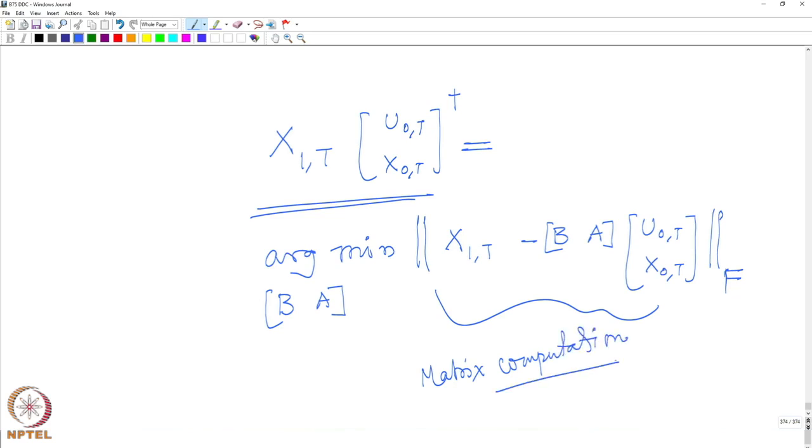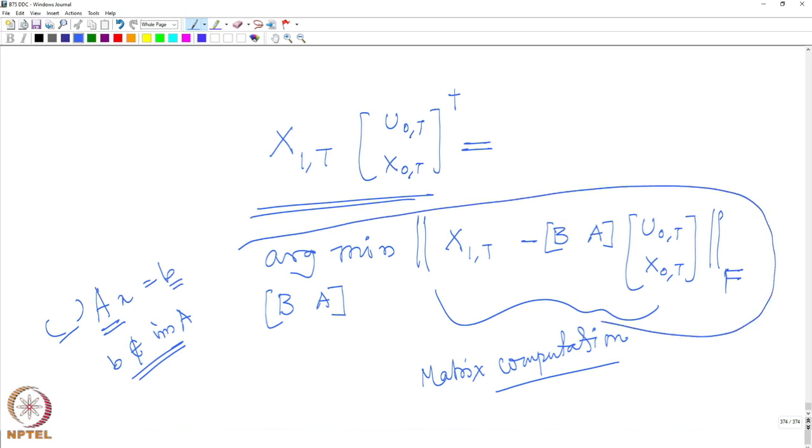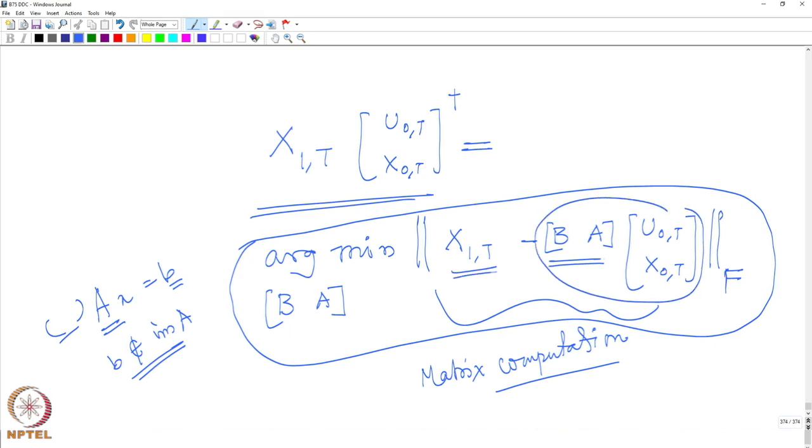So, when you have an equation A x equal to b and b is not in the image of A, the best thing that you can do is multiply by the left inverse of this, provided A is full column rank. It is just the transpose of this situation. And to find the closest possible B A that makes this product closest to this x 1 t is this one, right.